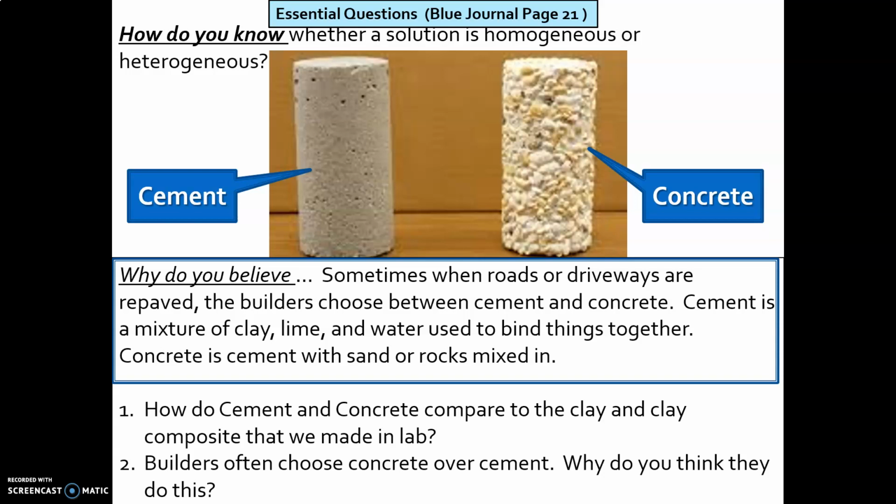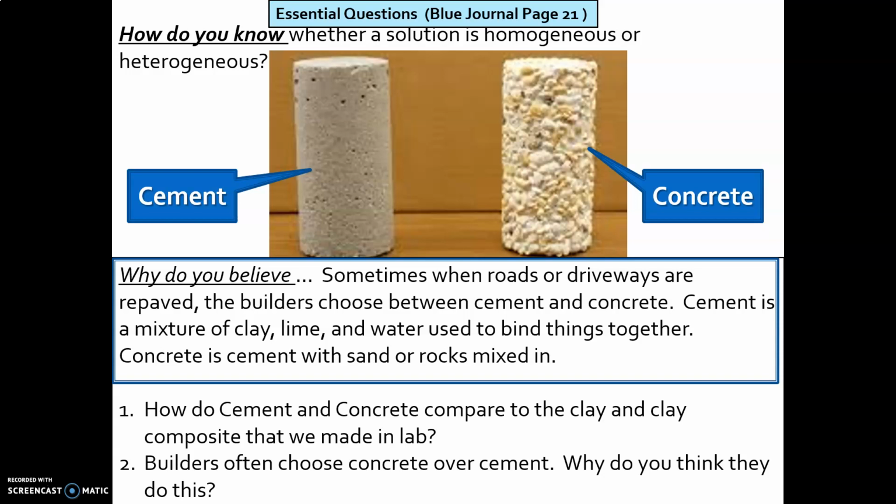Why do you think they might do this? Well, we know from our notes on composite materials that adding materials to make a composite increases the strength and durability of the substance. So let's imagine you're paving your driveway with cement.